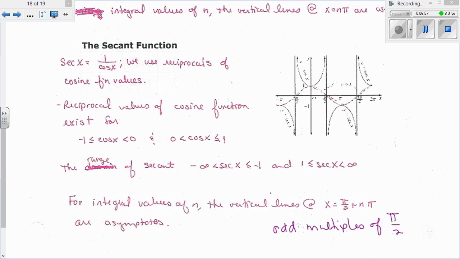They were at pi over 2, 3 pi over 2, 5 pi over 2, 7 pi over 2, anywhere that cosine was equal to 0, we had an asymptote. Well, that's going to hold true for secant, because anytime cosine is equal to 0, I'm going to have an asymptote.